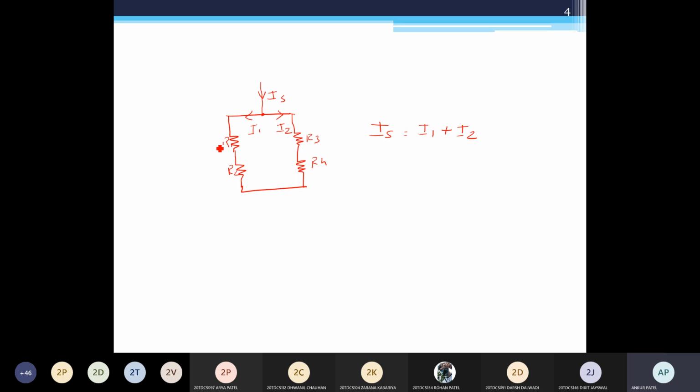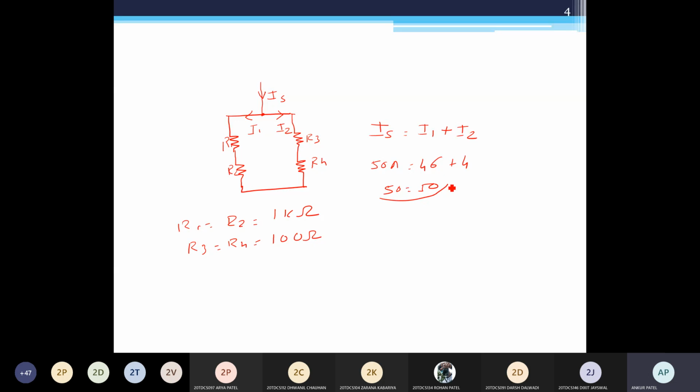Suppose R1 is equal to R2 is equal to 1 kilo ohm, and R3 is equal to R4 is equal to 100 ohm. Suppose IS is 50 ampere, and then I1 will be something like 46, and this is 4. So both add up to around 50.